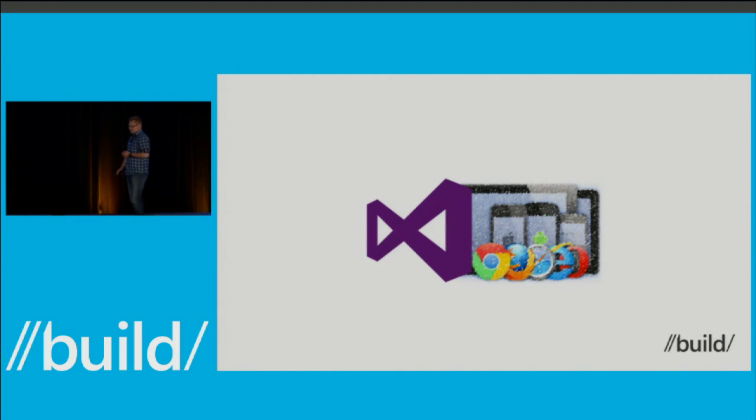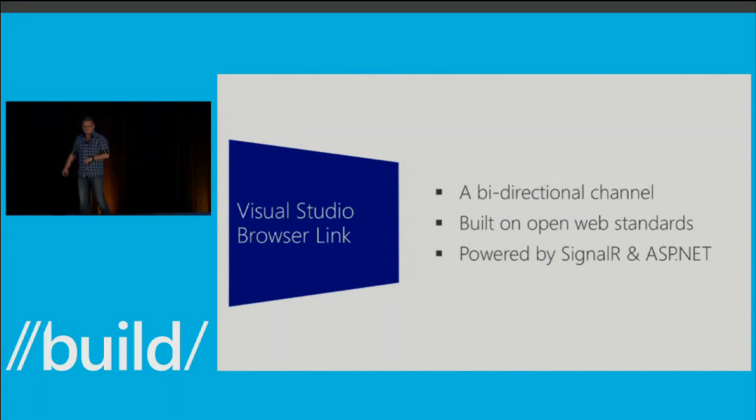Browser Link is a bidirectional communication channel based completely on open standards. There's no proprietary stuff going on here. It's just WebSockets and JavaScript, powered by SignalR and the ASP.NET runtime.